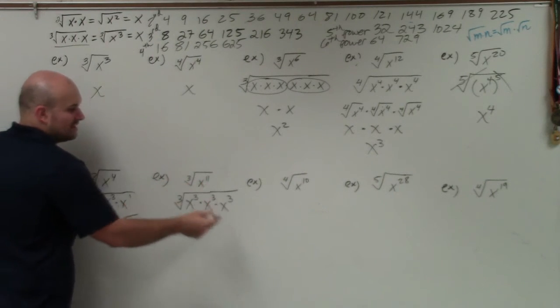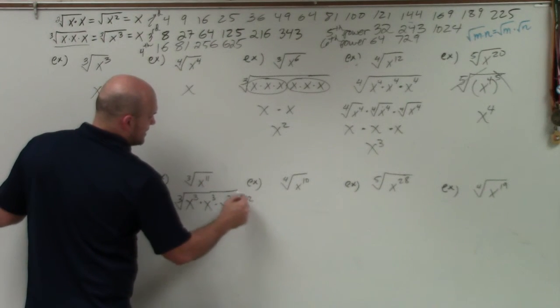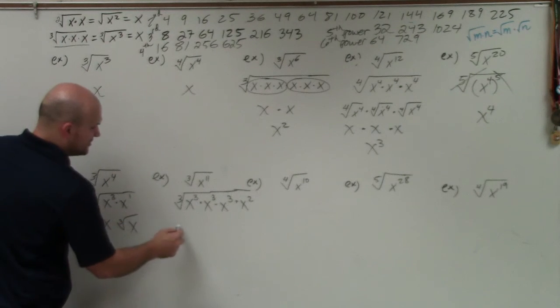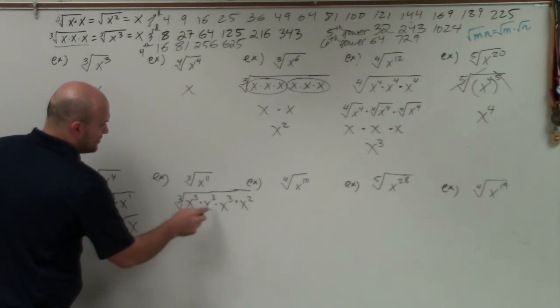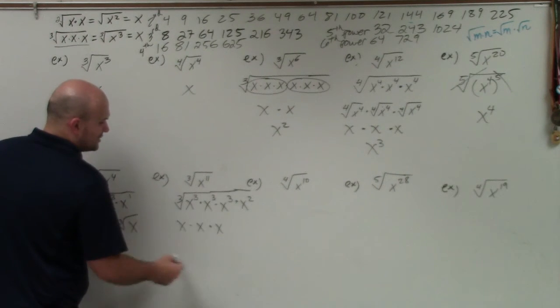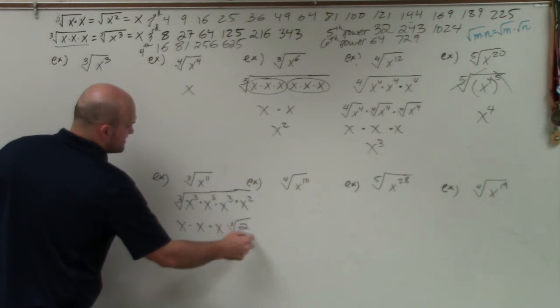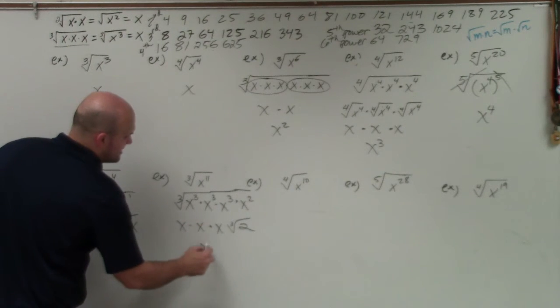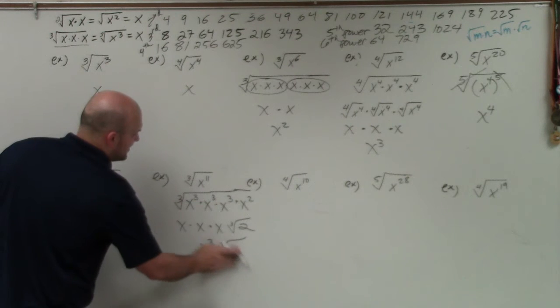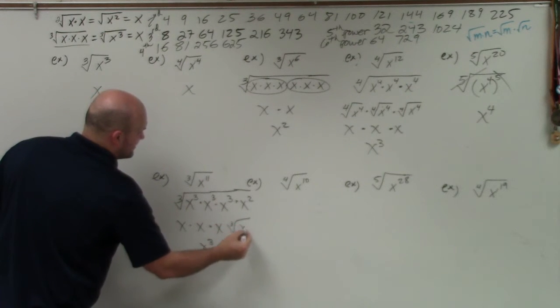I need 2 more to give me 11, which would be x squared. I could break them up like I did here, or you can just use them under the radical. The cube root of x cubed is x, the cube root of x cubed is x, the cube root of x cubed is x. I can't take the cube root of x squared, so that remains there. x times x times x is x cubed times the cube root of x squared. I'm sorry, x squared. I don't know where that squared came from.